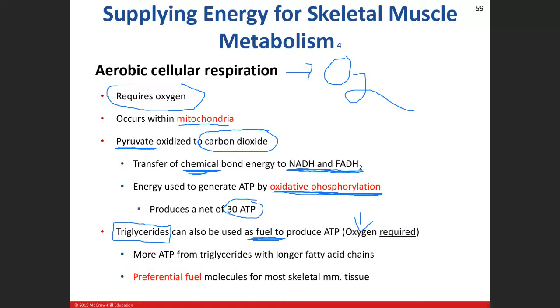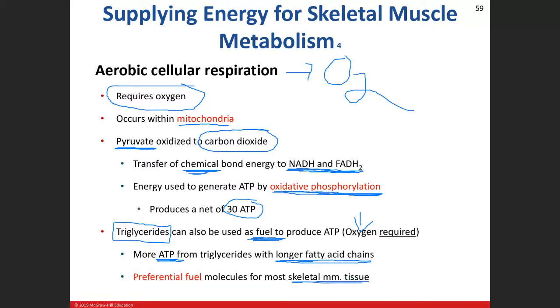So we can get more ATP from these triglycerides, especially the longer the fatty acid chains are. The longer the chain, the more ATP we get. And skeletal muscle loves that stuff.